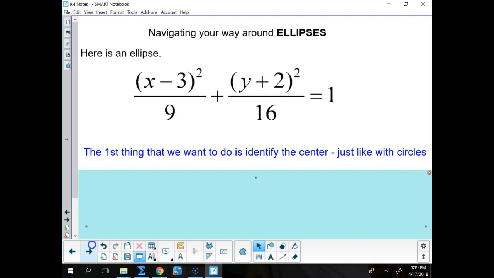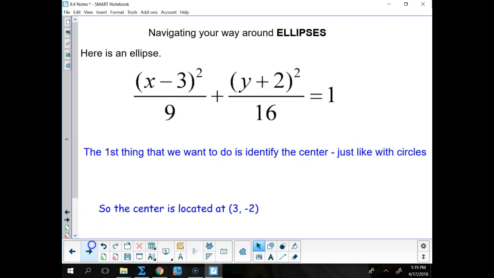So what are we thinking? 3 comma negative 2. Because that still hasn't changed yet. Inside parentheses, we think oppositely. Outside parentheses, we think normally. Both the 3 and the 2 are inside a set of parentheses. So we found the center to be at 3 comma negative 2. Agree?